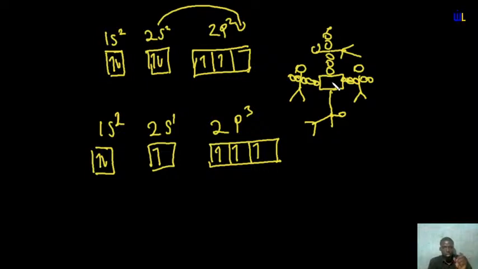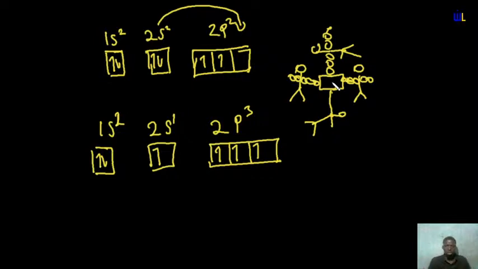So the first thing you need to take note of is that hybridization is a process or mechanism to bring about equal energy levels. The reason for hybridization is to bring about equal energy level.